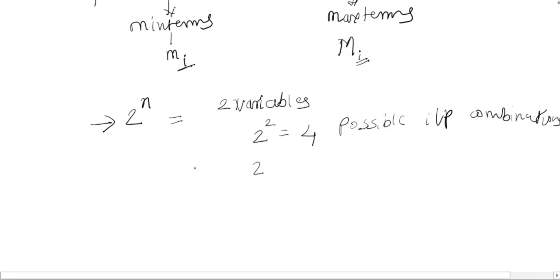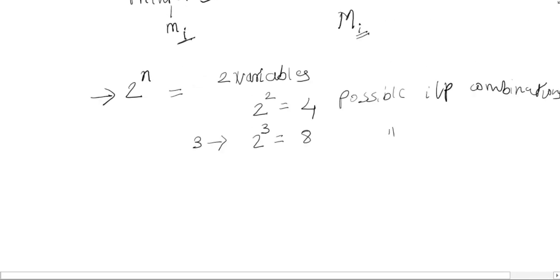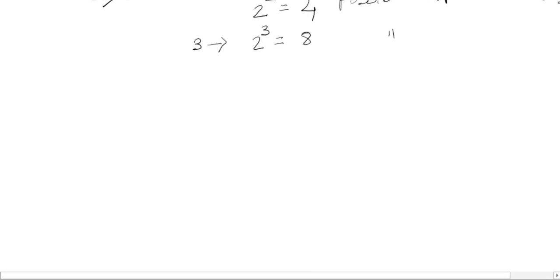Similarly, for 3 variables, 2 raised to 3 is 8 possible input combinations. Similarly, if I take 4 variables, 2 raised to 4, and so on. So, to represent what index or location an input combination is, this i value is used. So, i is the index of input combination values.